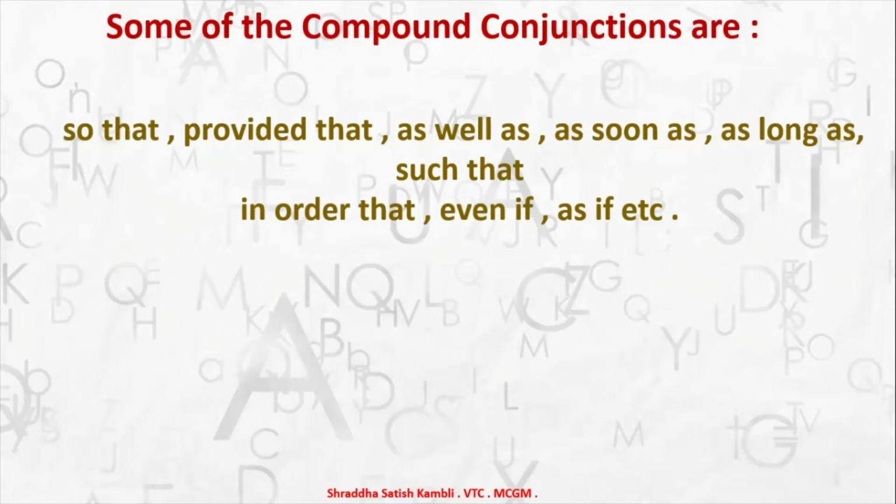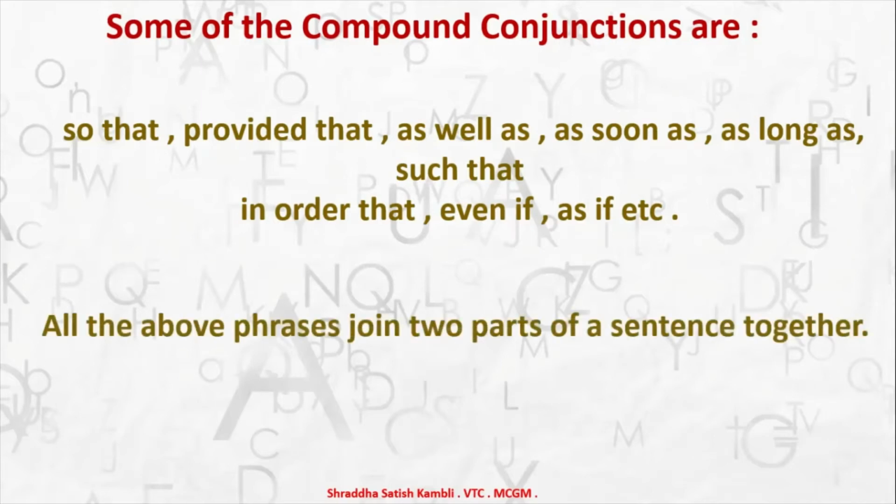They do the function, they work like conjunctions, but at the same time they are in the form of phrases. All the above phrases do the basic duty of conjunctions, that is, they join two parts of a sentence together. So this, children, is the meaning of compound conjunctions.